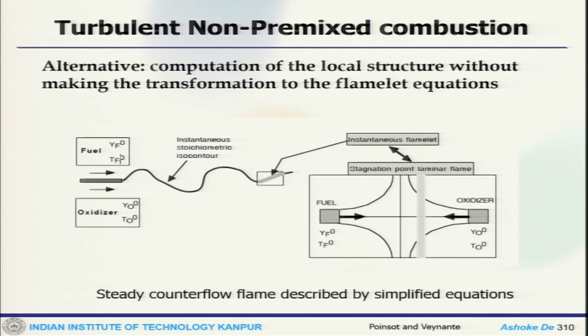Now alternatively, one can calculate the local structure without making the transformation of the Flamelet equation. How can that be done? You have a fuel and oxidizer, and this is how the reaction flame front would be, with this Z stoichiometric line. Looking at the instantaneous flame front, you can assume fuel and oxidizer coming from opposite sides, that means a counterflow configuration, from where you get the stagnation point laminar flame, and that may be used here.